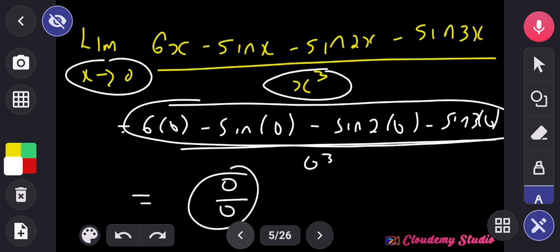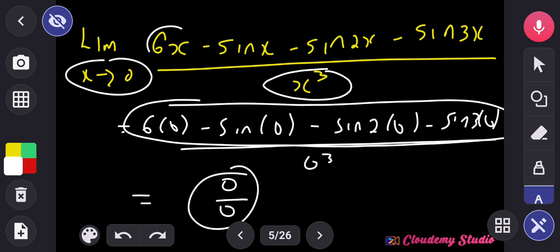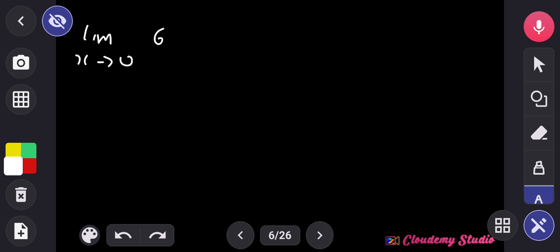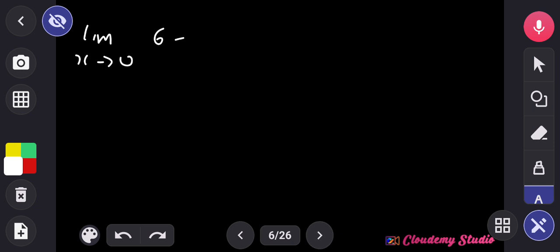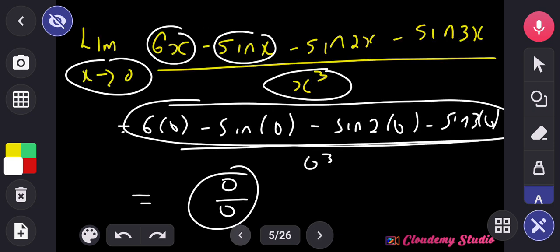Therefore, if you differentiate, this is x. So we're going to say that the limit of x tends to 0. This 6x becomes ordinary 6, minus this sine x becomes cos x, that is minus cos x. Then minus this sine 2x.